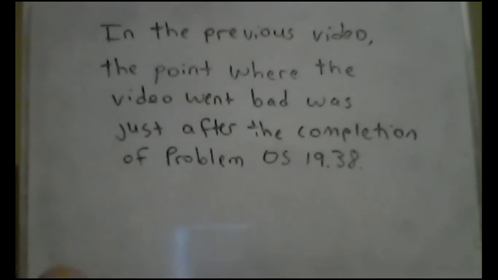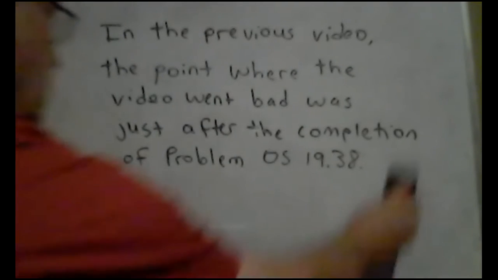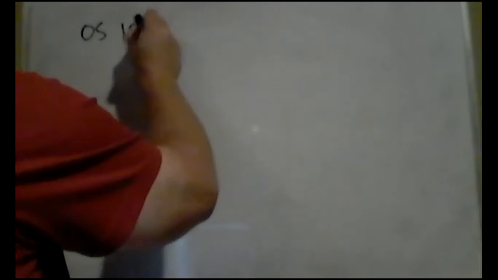Now we'll start off with OpenStax 19.39, where we left off. To remind us, 19.38 was a problem where we had 2 point charges. Let's remind ourselves what 19.38 was, because 19.39 actually hinges upon it.